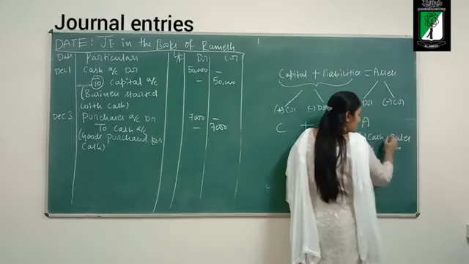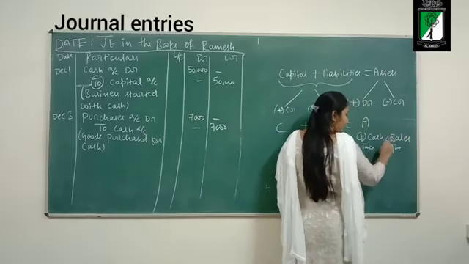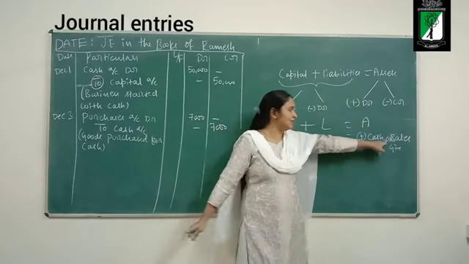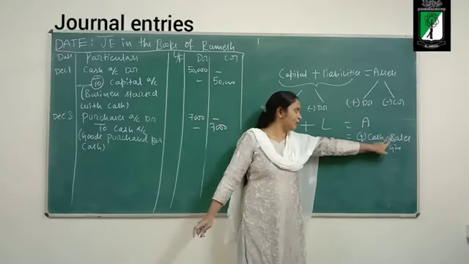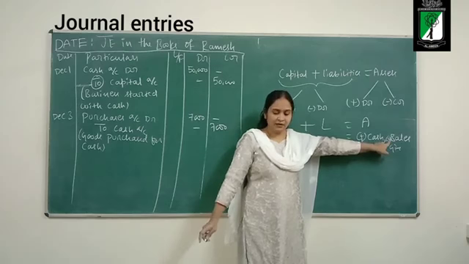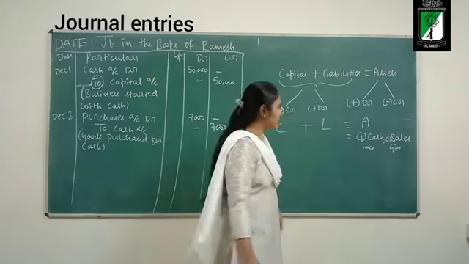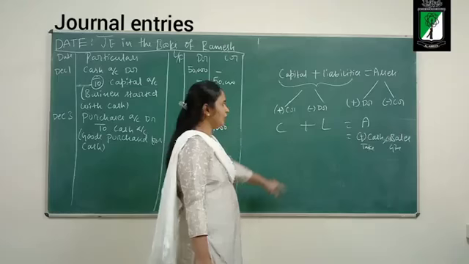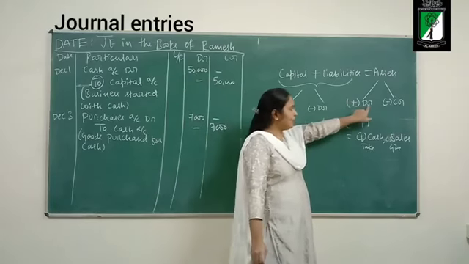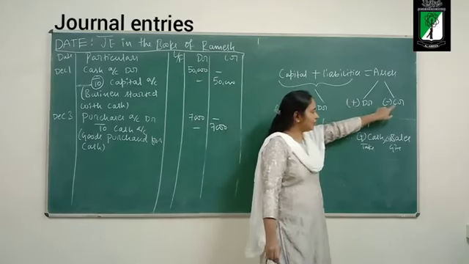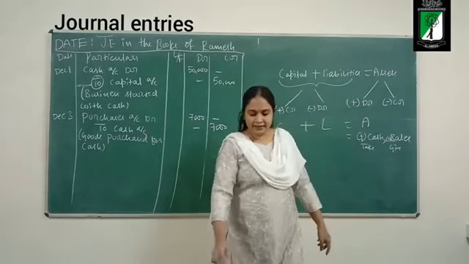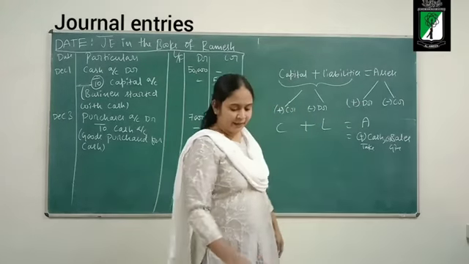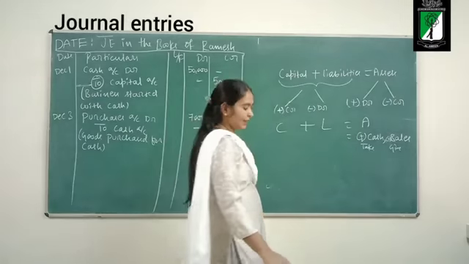Because of the sale of the goods, what is happening? My goods balance is declining. So for assets, increase in assets should be debited and decrease should be credited.